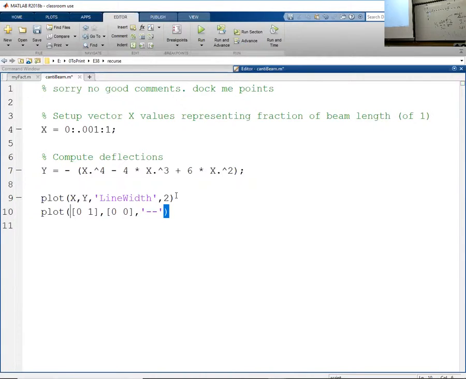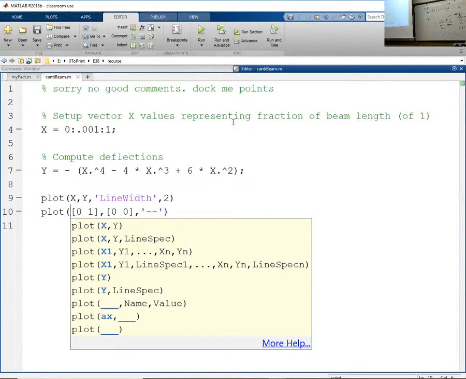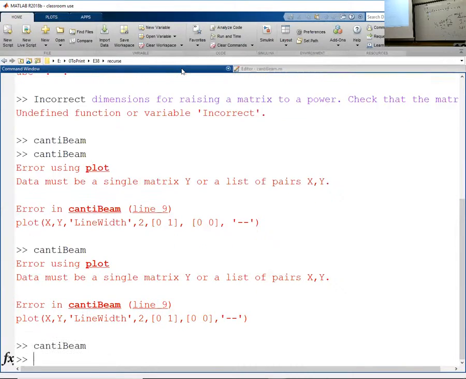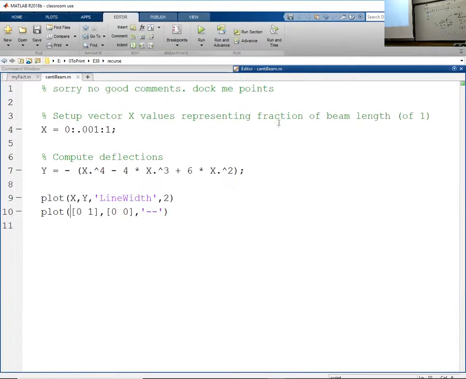Huh. It doesn't like it that way. Why not? It's like saying the 2 is the X for some reason. Instead, the Y goes to pair.